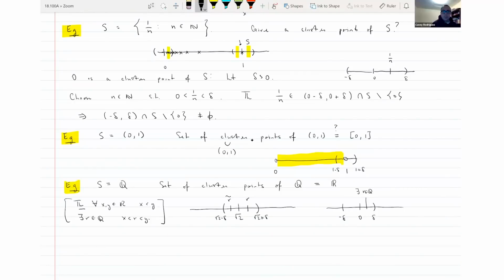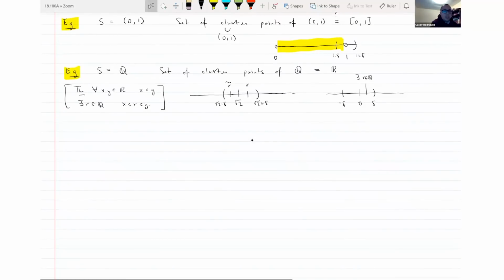Okay, feel free to stop me if you have any questions. So now let's look at, for example, S equal to just a single point, say 0. Remember, cluster points of a set means there's a lot of that set nearby.